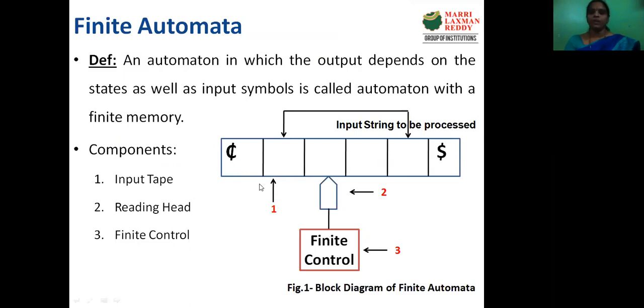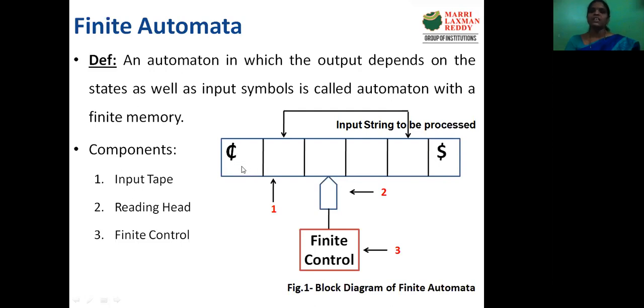The input tape is used to process the input string. That means whatever input string we have is processed by using this input tape. And in order to indicate the beginning and ending of the input tape, there are end markers represented with special symbols.